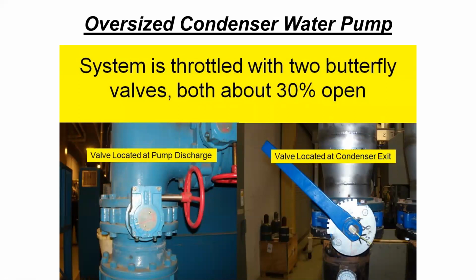Here we have an example from one of the assessments where the condenser water loop pump was too big for the system. So they had two valves in front of the flow. One valve was located at the condenser exit, another valve at the pump discharge, both about 30% open.